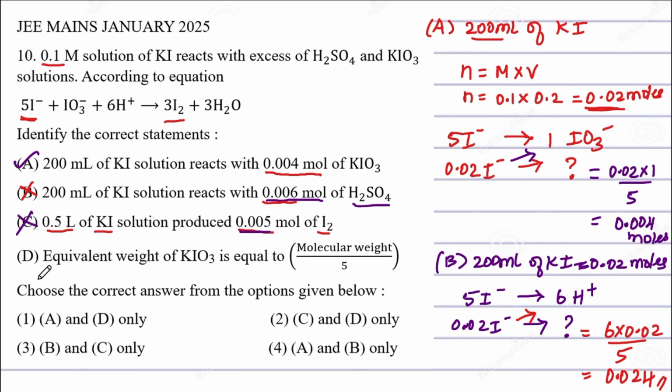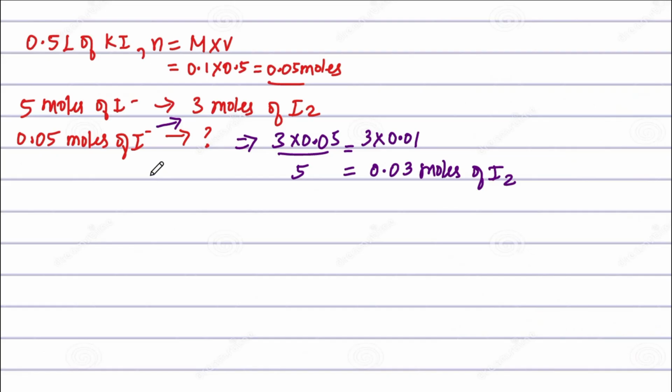Now the last statement: equivalent weight of KIO3 is equal to molecular weight by 5. See that IO3 minus, that is KIO3, this IO3 minus is converted to iodine. So let us write the half reaction: IO3 minus is converted to I2.